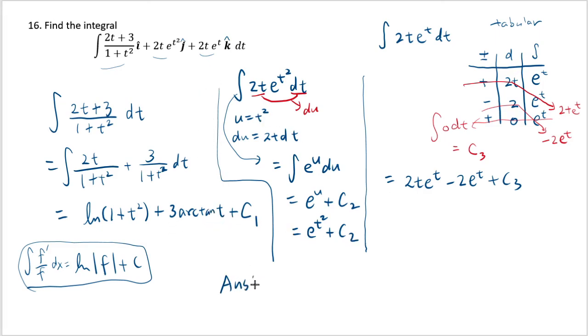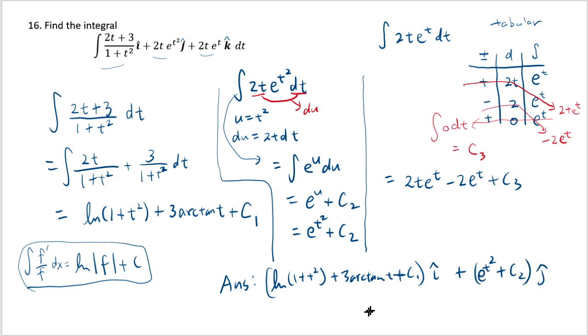So the final answer would be ln of 1 plus t squared plus 3 arctangent of t plus c1 times the i vector, one of the standard unit vectors in the x direction, plus e to the t squared plus c2 j vector, and then finally 2t e to the t minus 2e to the t plus c3 k vector.